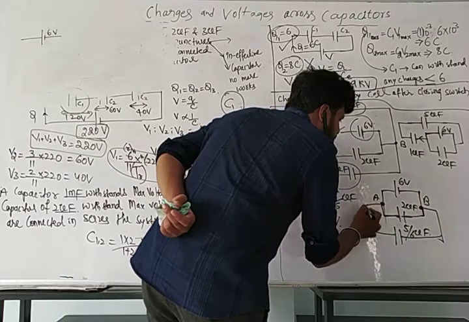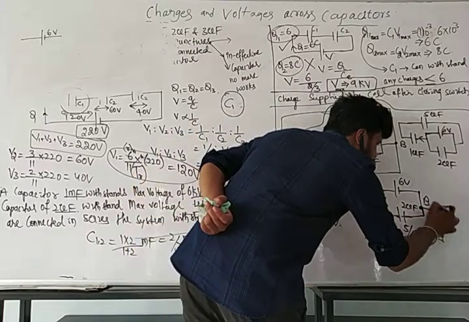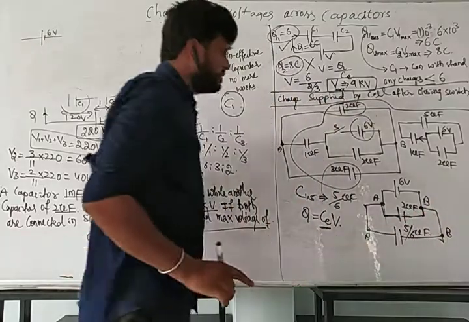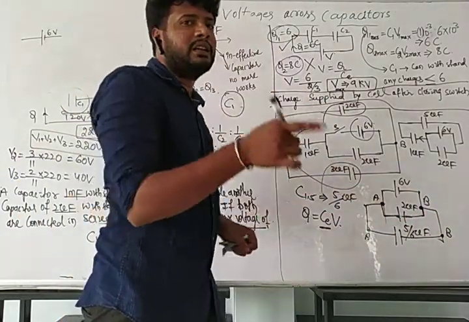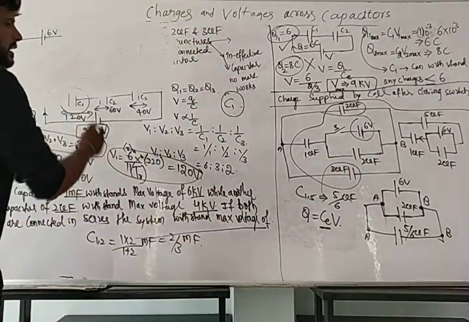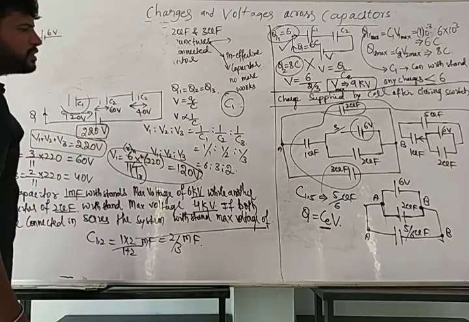If here is A, there is no circuit element, here also it should be A. No circuit elements, no potential drop, same value. B. These two capacitors are placed between the same potentials. The condition is they are connected in parallel. So if they are connected in parallel, we can add them.